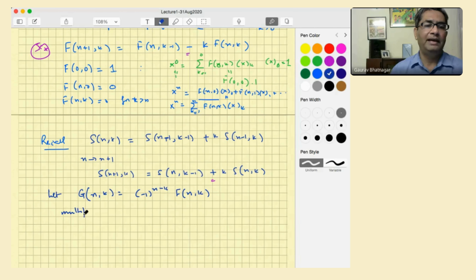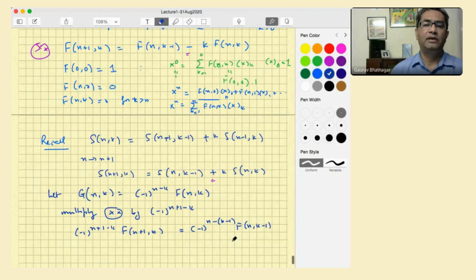if you multiply this double star by (-1)^(n+1-k), then what do you get? You will get (-1)^(n+1-k) f_{n+1,k} is equal to (-1)^(n-k-1), it's the same thing, f_{n,k-1}.